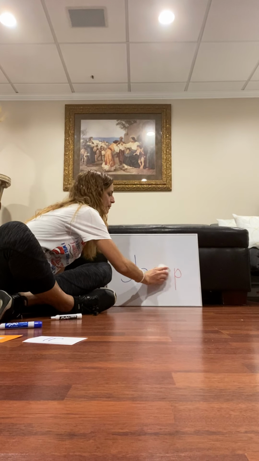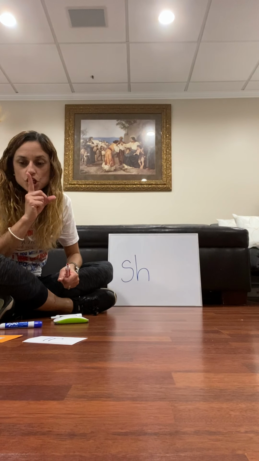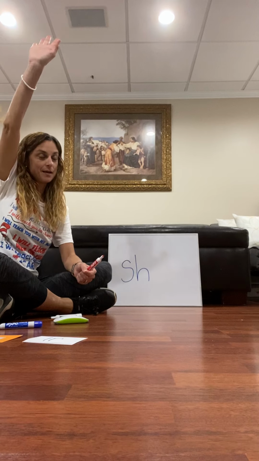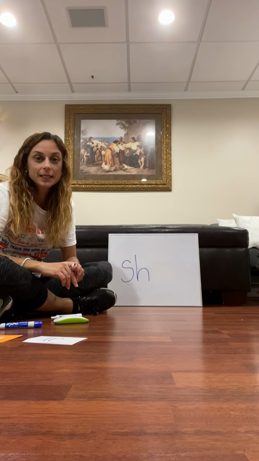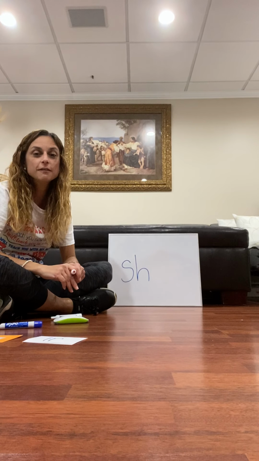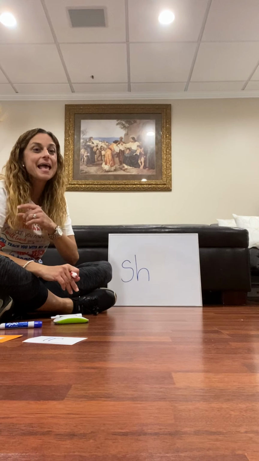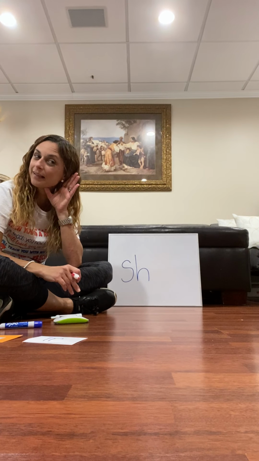All right, I'm going to go ahead and erase that. Come up with another word that has a sh. Oh, who wants to go to the beach? I've been dying to go to the beach. When you're in the beach and you're walking in the sands, you're looking for sh. What's eh? What letter is that?